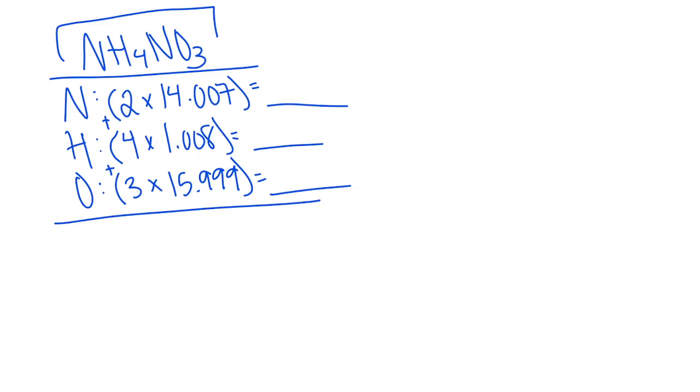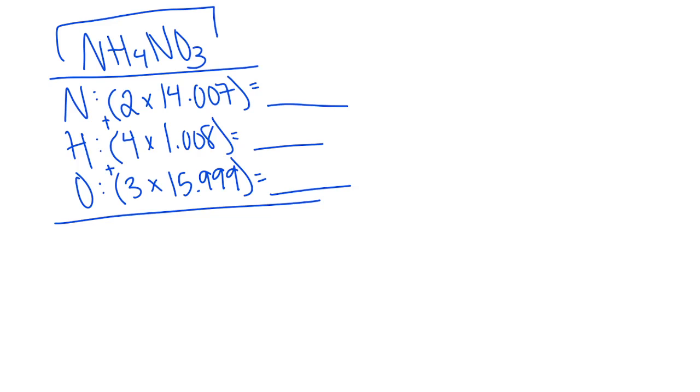So I would type into my calculator. If you have not typed this in yet, you can go ahead and clear whatever you have. Start with me. I'm going to tell you every single button to push. So clear it, open parentheses, 2 times 14.007. Close your parentheses, and then we'll hit plus and open new parentheses, 4 times 1.008.